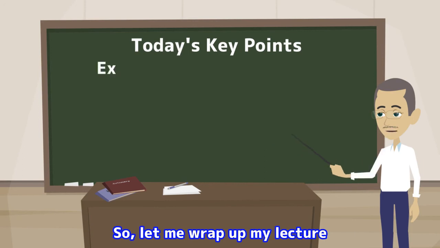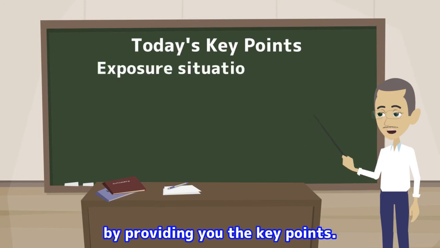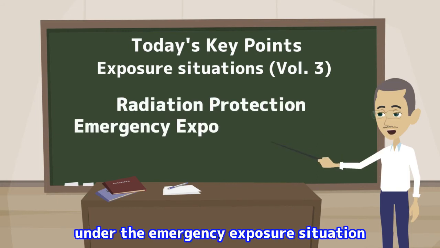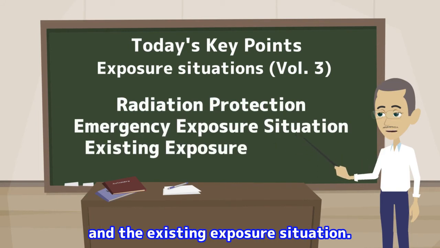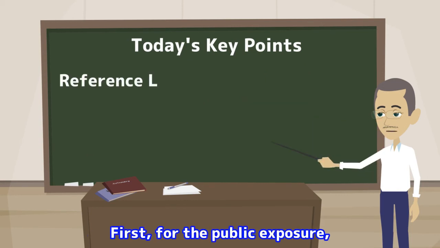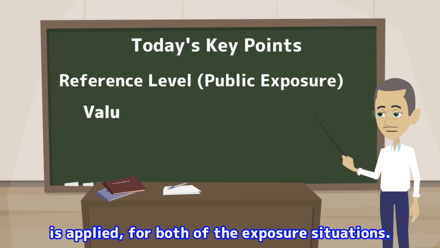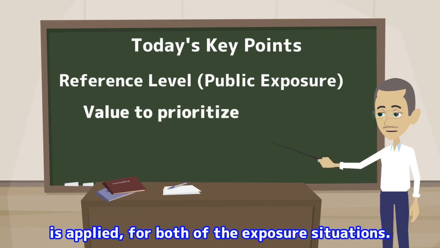So, let me wrap up my lecture by providing you the key points. Today I talked about the concept of radiation protection under the emergency exposure situation and the existing exposure situation. First, for the public exposure, the concept of the reference level is applied for both of the exposure situations.